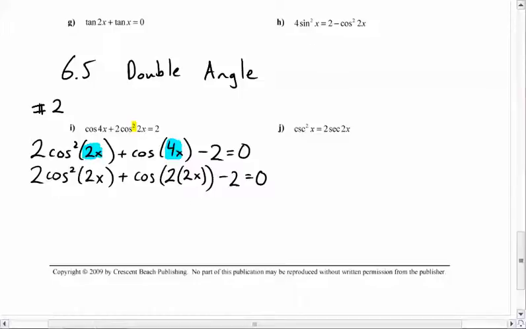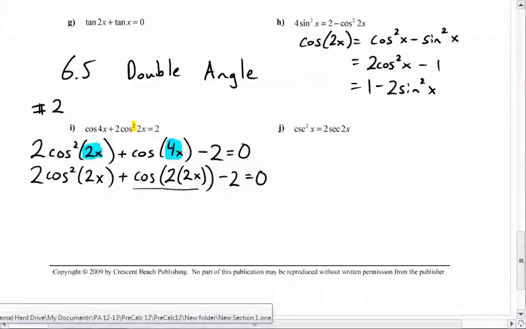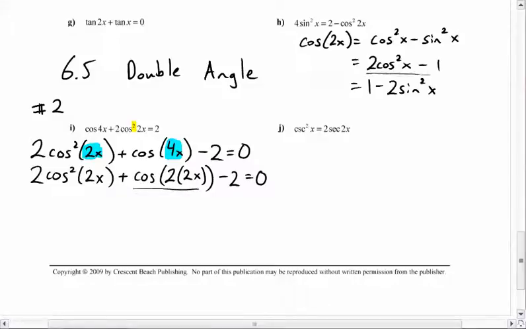So my double angle formulas for cosine are cosine 2x is cosine squared minus sine squared, or 2 cos squared minus 1, or 1 minus 2 sine squared. Now because I already have a cosine squared, I'm going to change this one here to something that uses cosine squared as well, so that I don't mix up my cosines and sines.